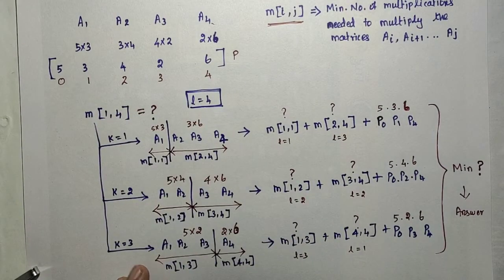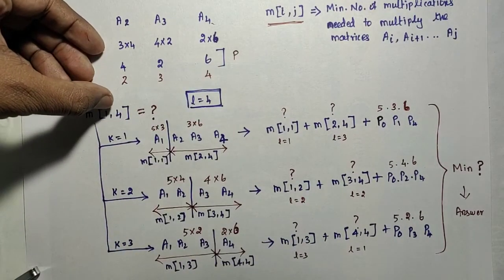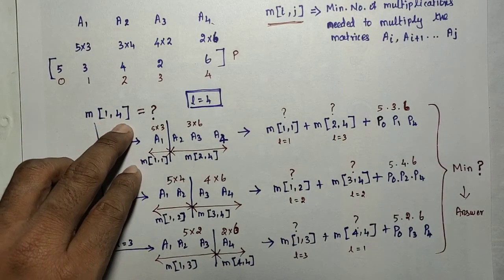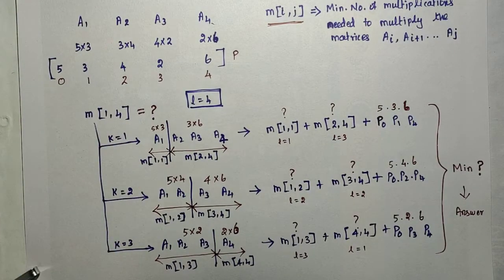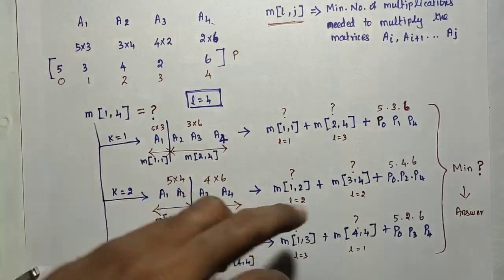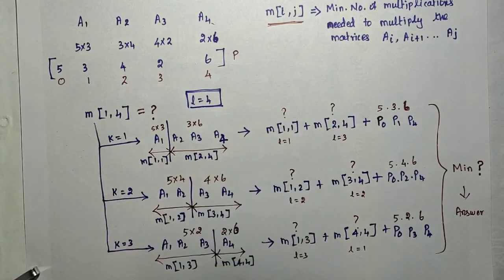Are you clear? So if you directly start solving 1 comma 4, that means the top down approach. Even if you are using the top down approach, these values need to be determined first.